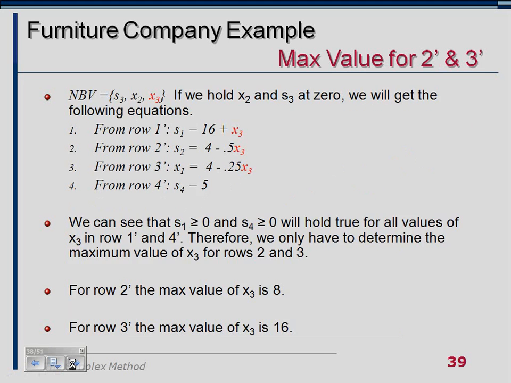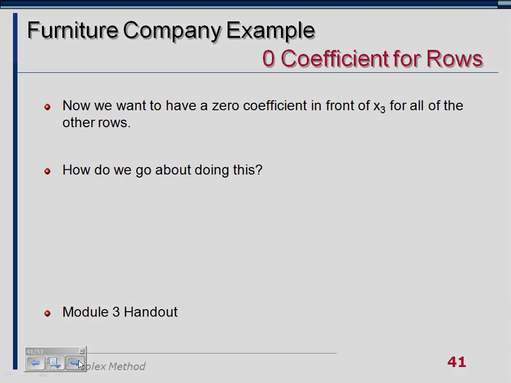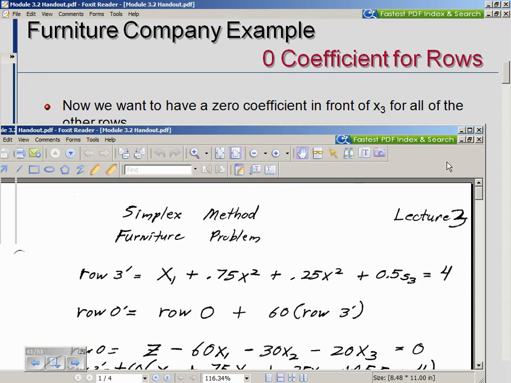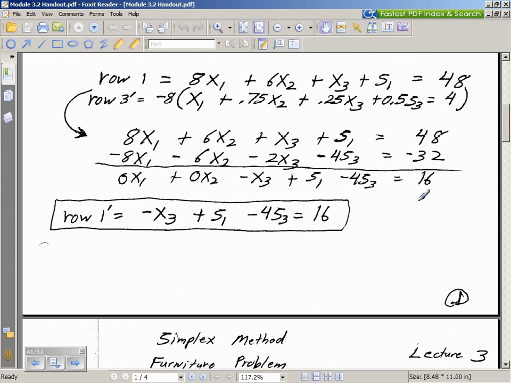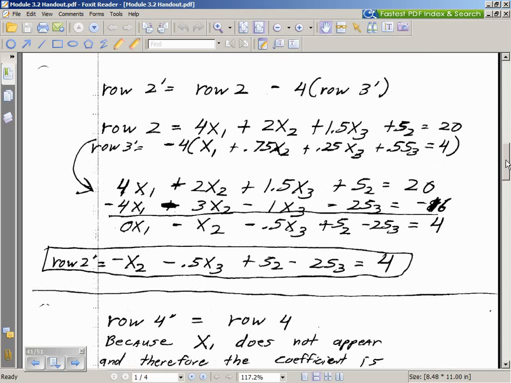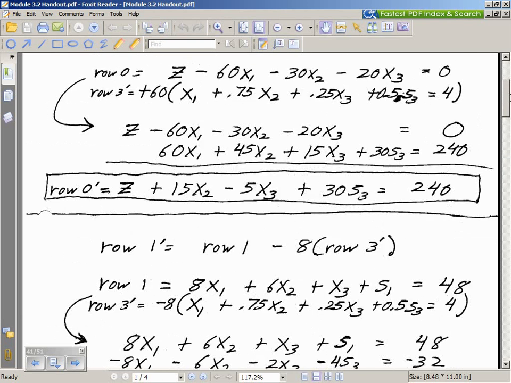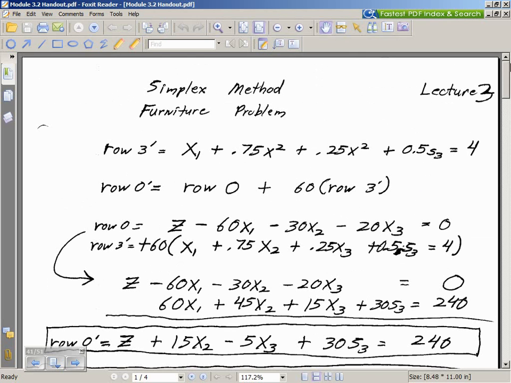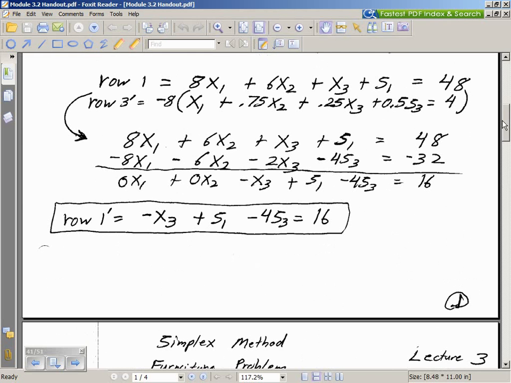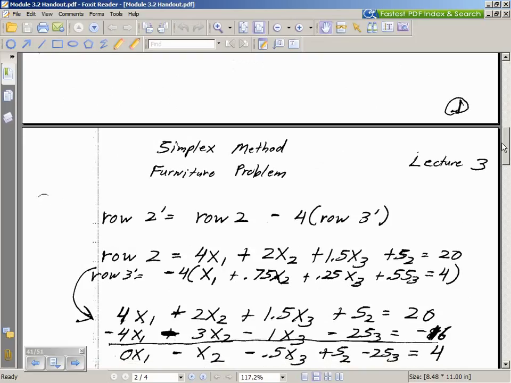Well, I have a handout that I have posted for you guys where I actually do all of this work by hand. Let's see if this one's it. Yep. Okay, so I did all this by hand, and that was in row 2, right?